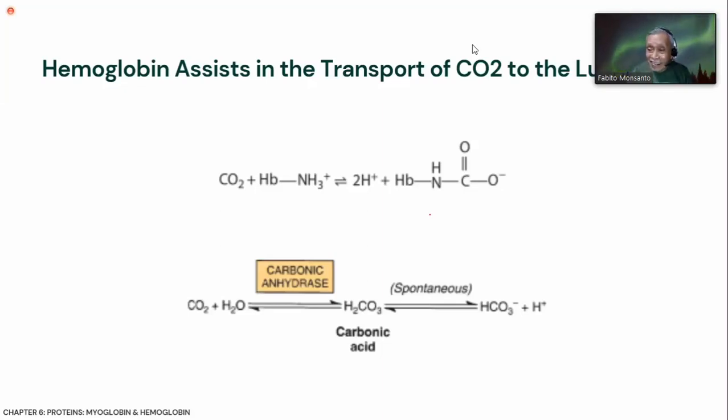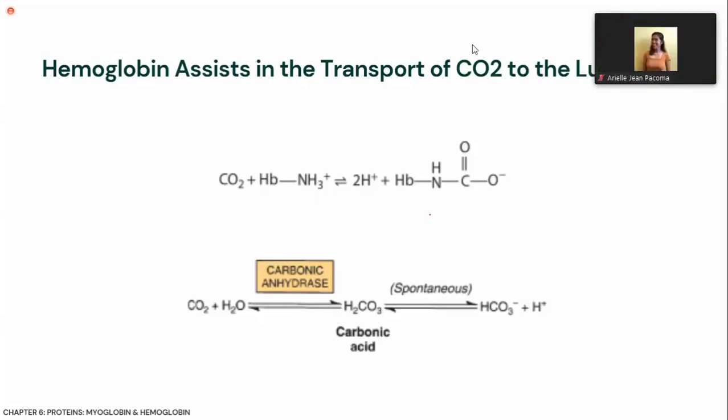The internal is the utilization of oxygen. So where is the oxygen utilized? In the respiring cells, through the respiratory chain.